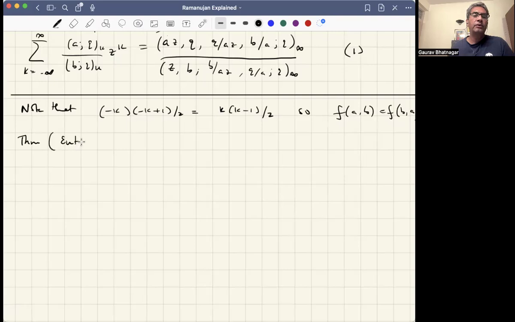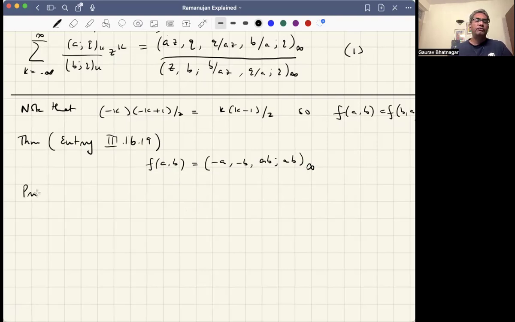And this is how Ramanujan wrote Jacobi's triple product identity. So that's his entry 16.19: F of A, B is equal to minus A, minus B, AB infinity.